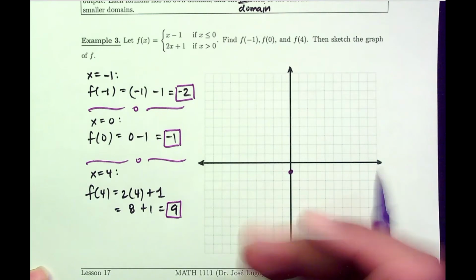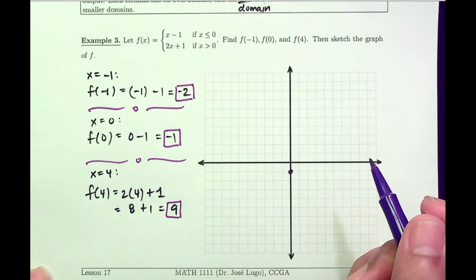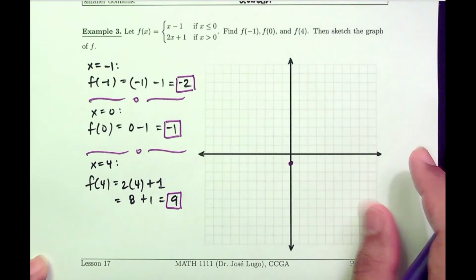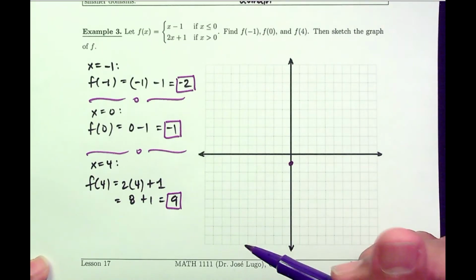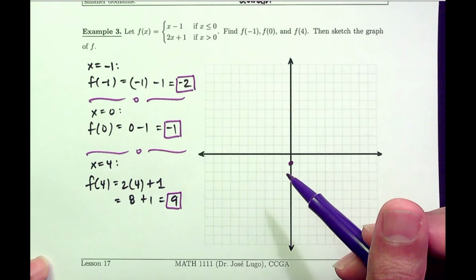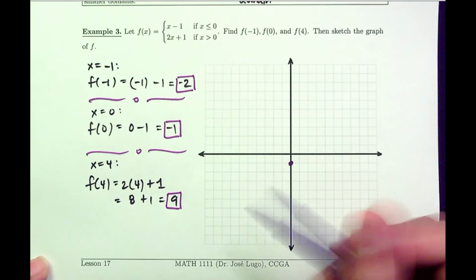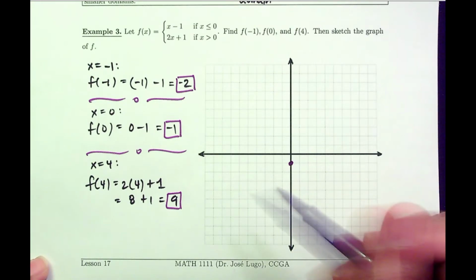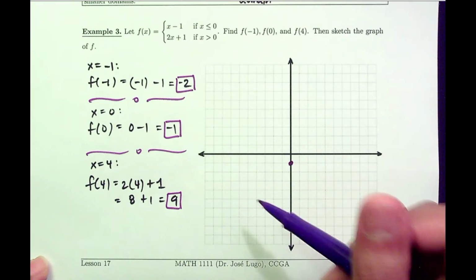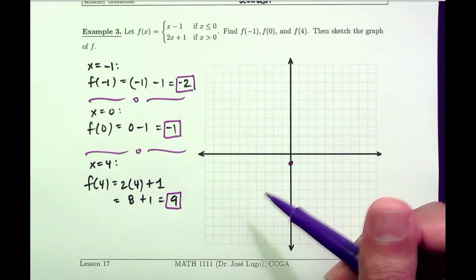Now, as I said, I know that to the left is going to look like a line. So all I need is just another point on the left of this, and I can connect those 2 points, and that's the graph of the first part of this graph.